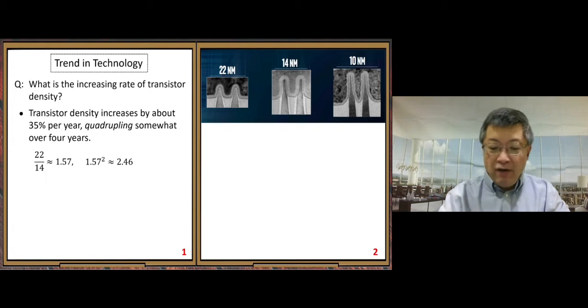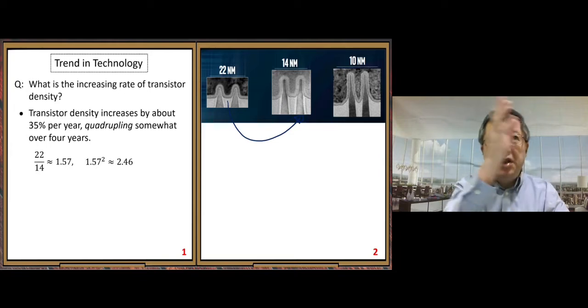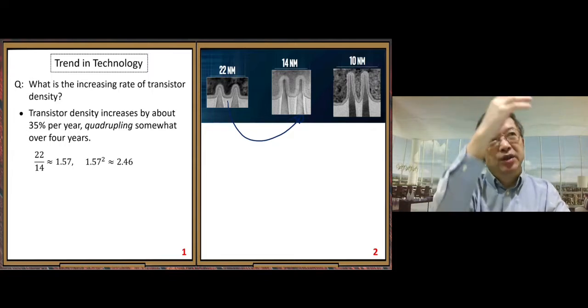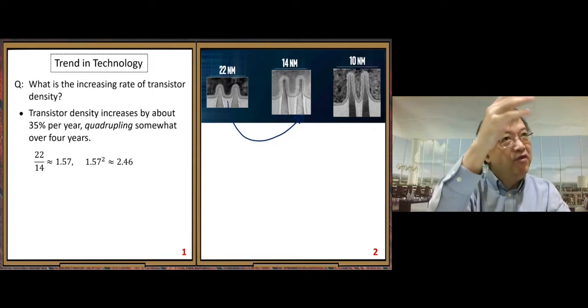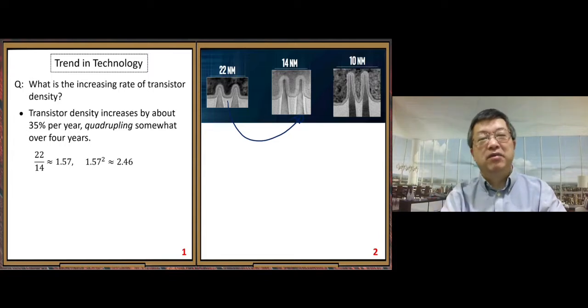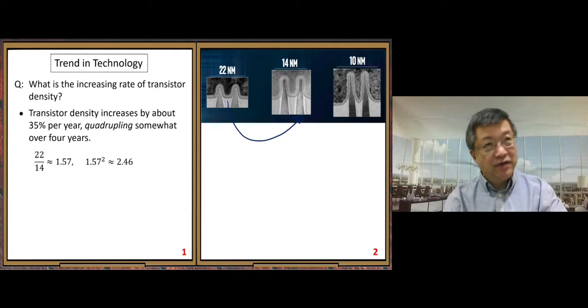So that means from the first technology to the second technology, the transistor density improved more than 2 times, to approximately 2.5 times. That improvement is big, more than double.